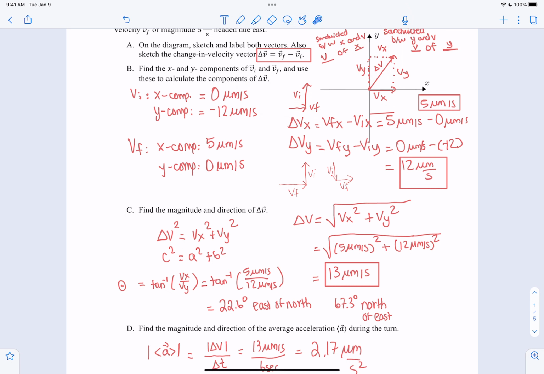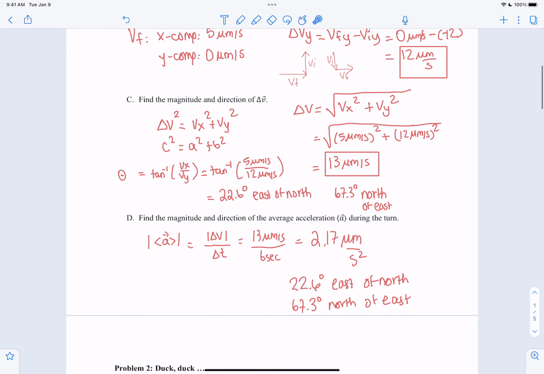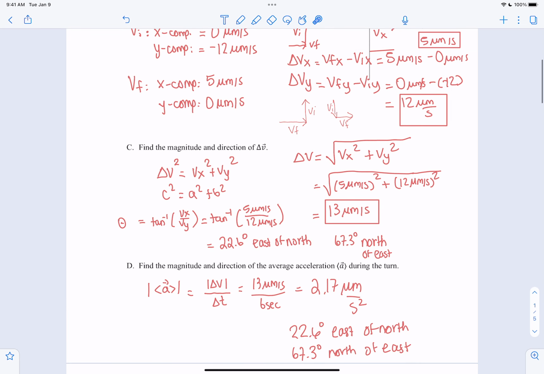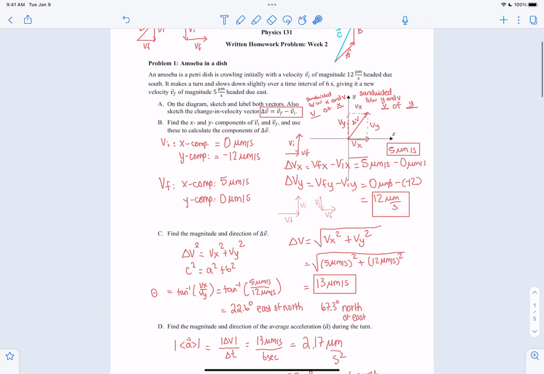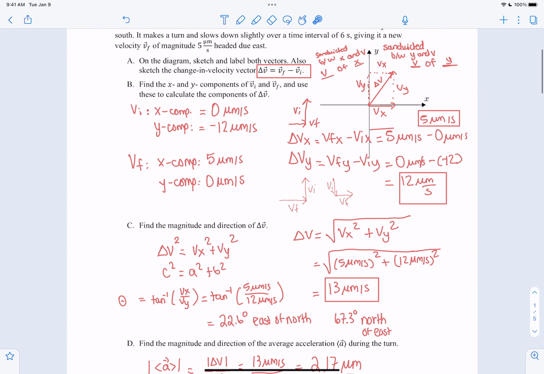Let me think about something else here. We're moving initially south, then we go east, right? Hmm. So average acceleration, we had that as 2.17 micrometers per second squared at the very end, right? Okay. I'm just trying to think of some other way I can explain this in a better manner, but give me a sec here.